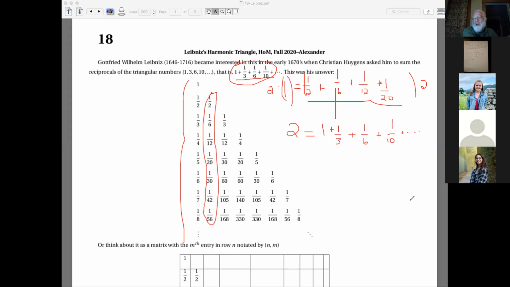Someone asked me how he came up with it. My sense is that he might have discovered this series here was telescoping. It seems reasonable. And then he just ran with that idea. He said, well, I can build a whole series of series, like a list of lists.